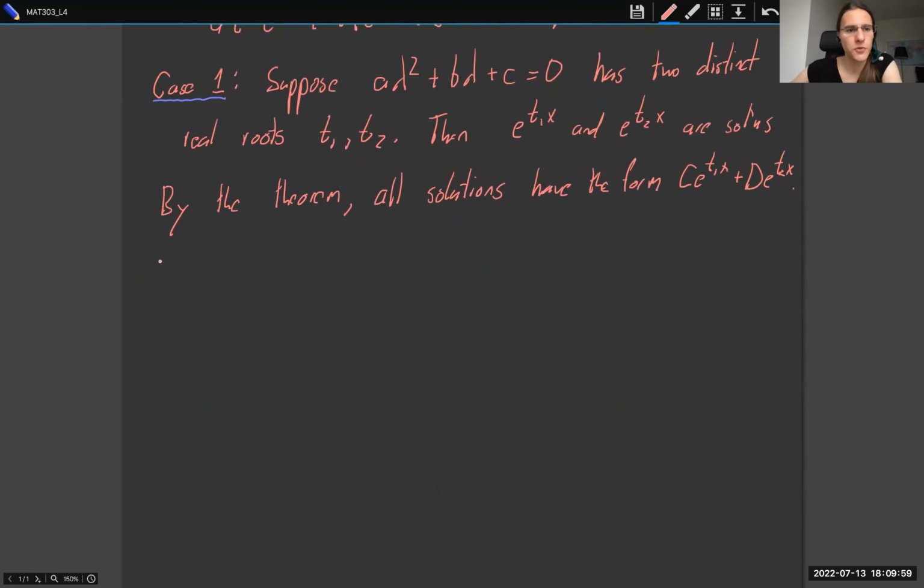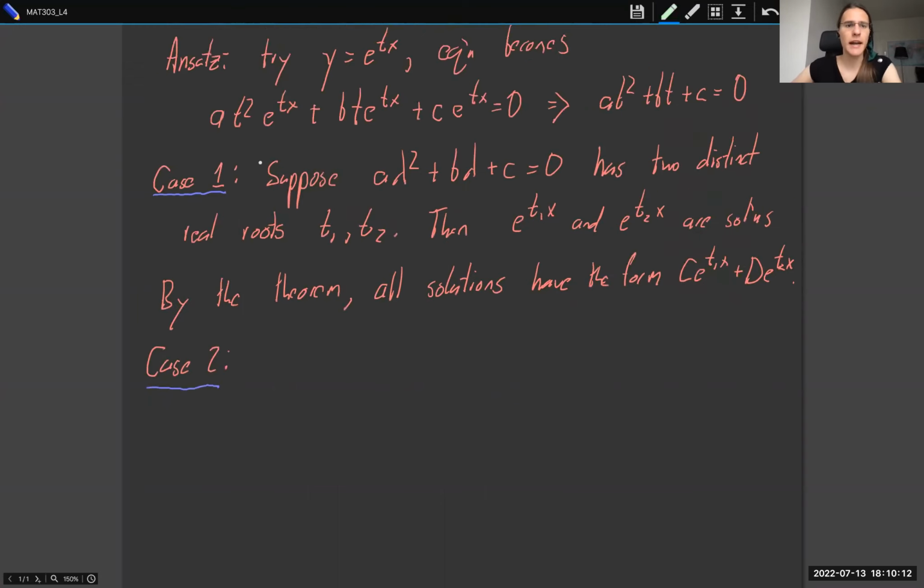Now, case 2. By the way, I can tell you exactly when case 1 happens: case 1 happens when b^2 - 4ac is strictly greater than 0.